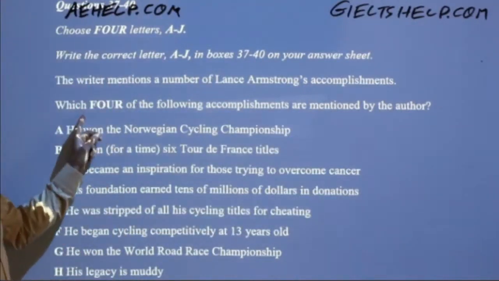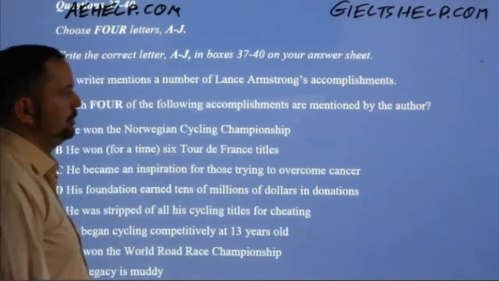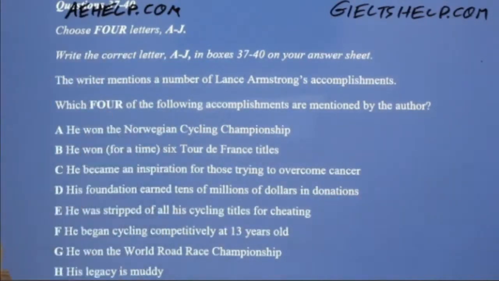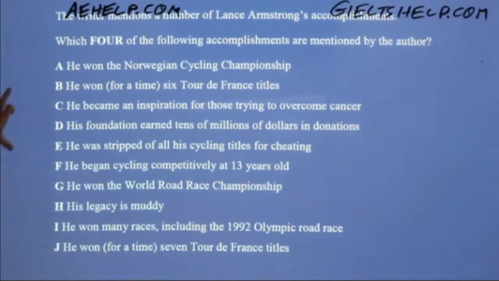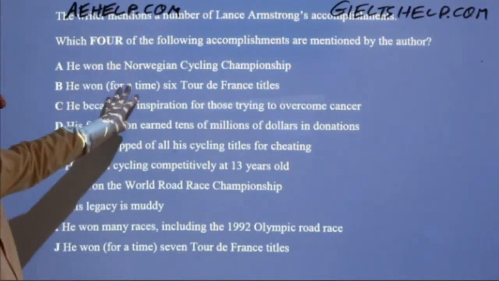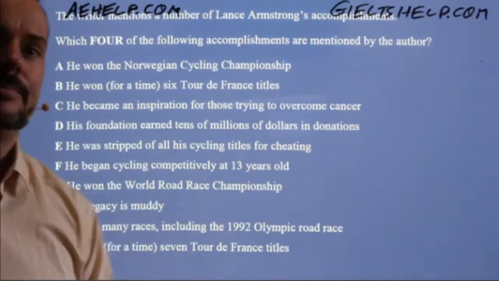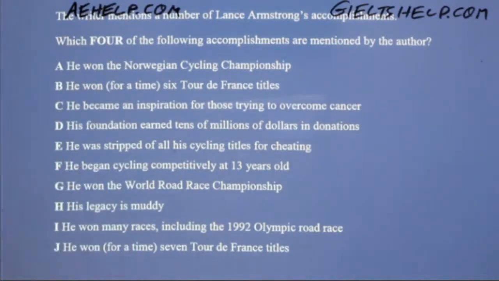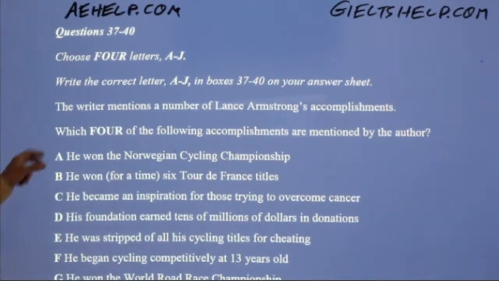Which 4 of the following accomplishments are mentioned by the author? So this is a question. Now, it's 4, and we have 10 choices. So that means 6 of these are wrong. It would be a really bad idea and a waste of time to read these, okay? Because there's 6 incorrect options from the 10. Only 4 are correct.